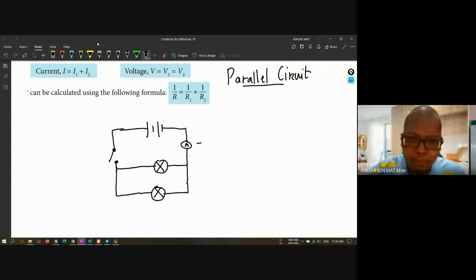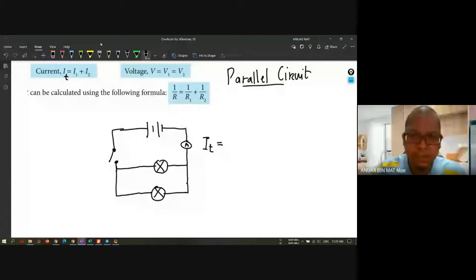For example, if the total current is I total, I T, T means total.